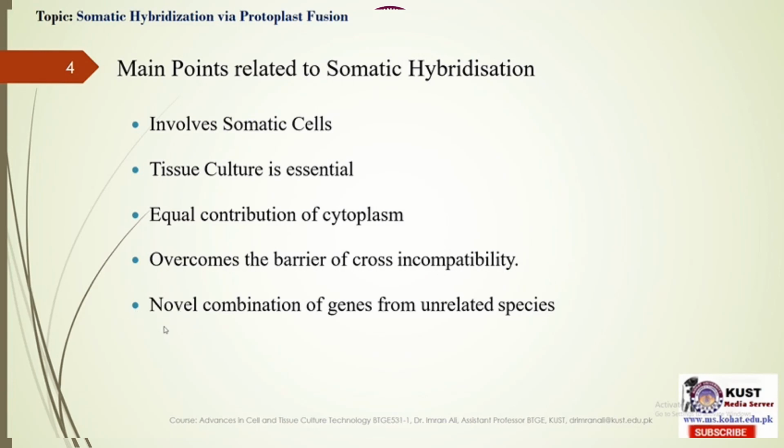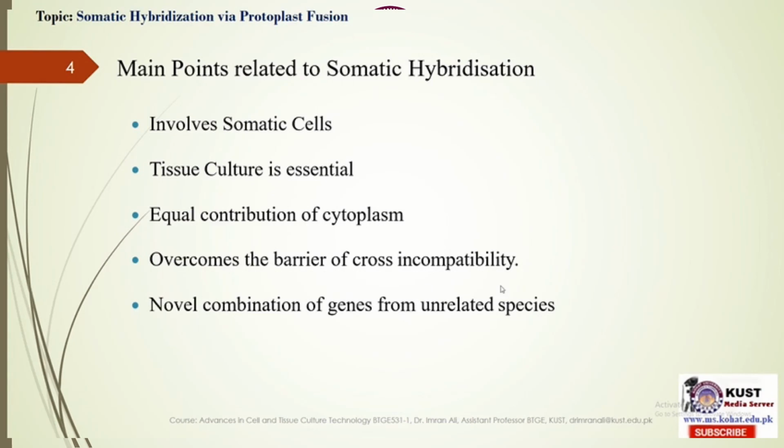In somatic hybridization, there is always an involvement of a novel combination of genes from unrelated species. As we discussed in the earlier point, somatic hybridization basically overcomes the cross-incompatibility barriers.